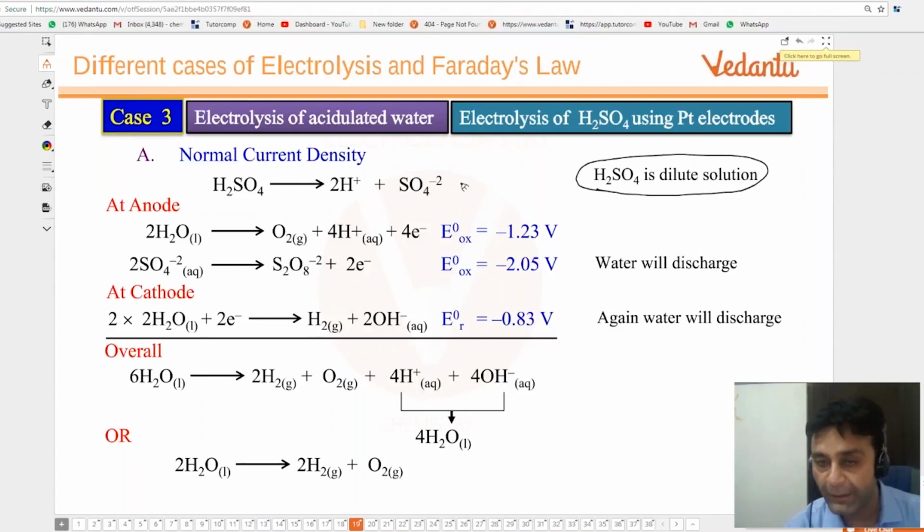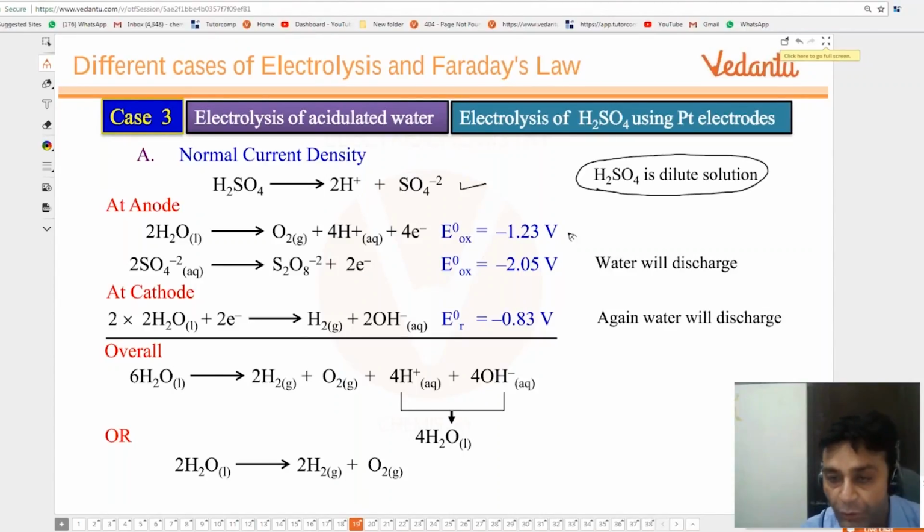It undergoes complete dissociation, right? So at the anode, either the water will get oxidized or the sulfate will get oxidized. So which will be getting oxidized here? The one which has a higher oxidation potential will be oxidized.